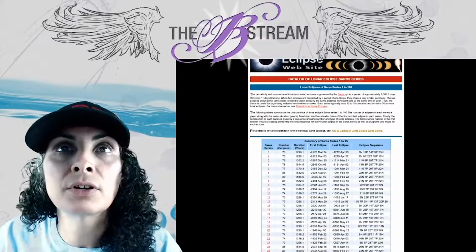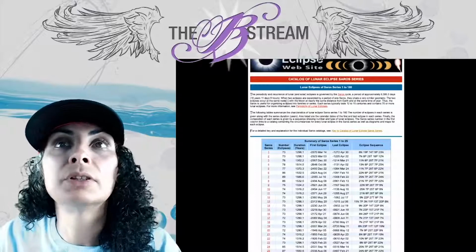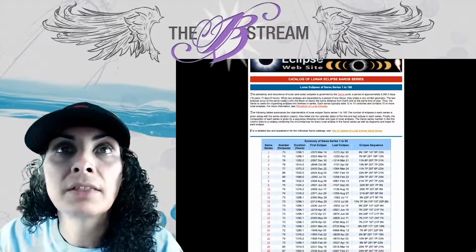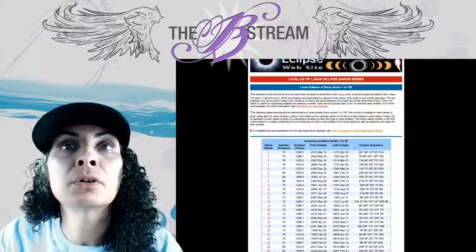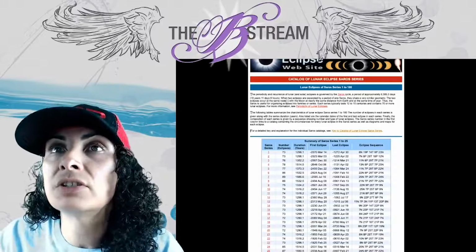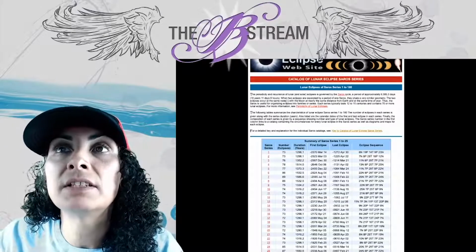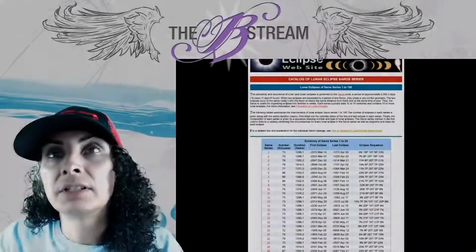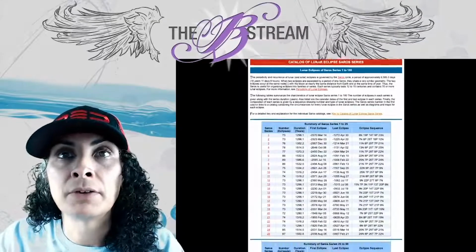The two eclipses occur at the same node, with the moon at nearly the same distance from Earth and at the same time of year. Thus, the Saros is useful for organizing eclipses into families or series, which each series typically lasts 12 to 15 centuries and contains 70 or more lunar eclipses. So you can click here and see more information about all that.